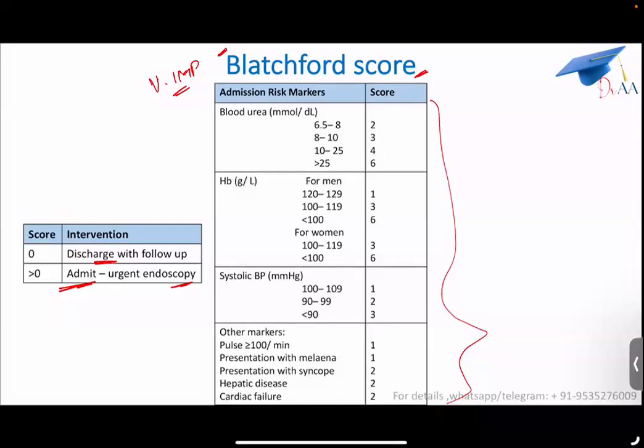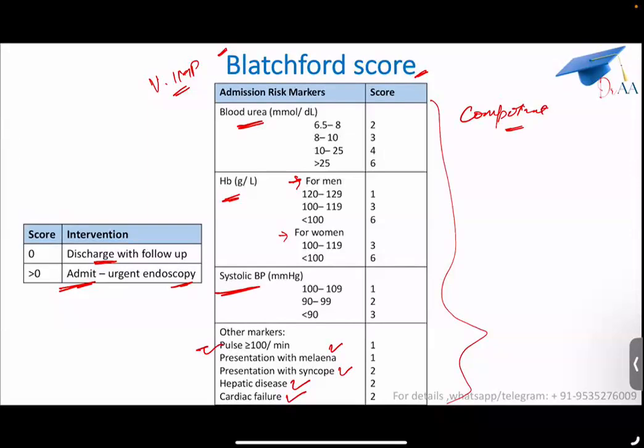So what are the different components? It's important to remember the components of this score: blood urea, hemoglobin, which differs for male and female, systolic blood pressure, heart rate, presentation with melena or syncope, any liver disorders, and cardiac failure.